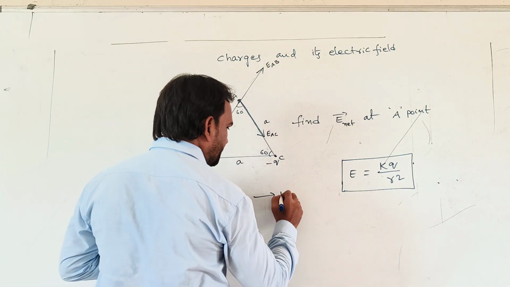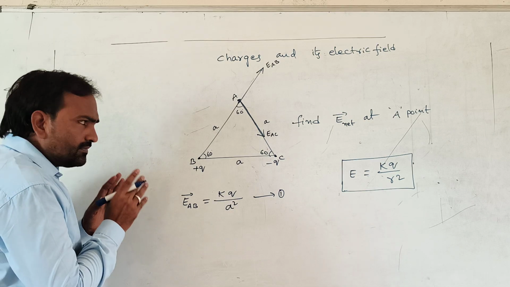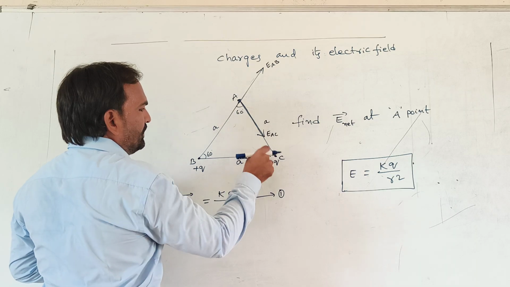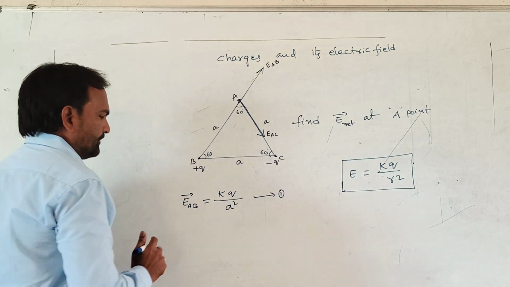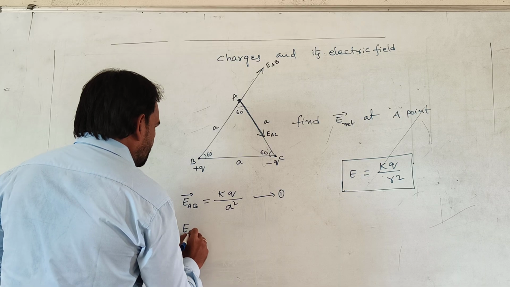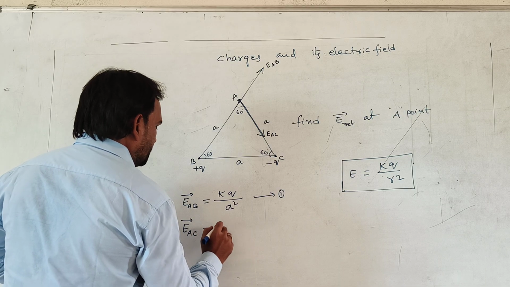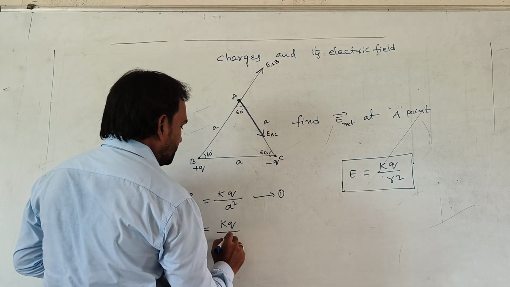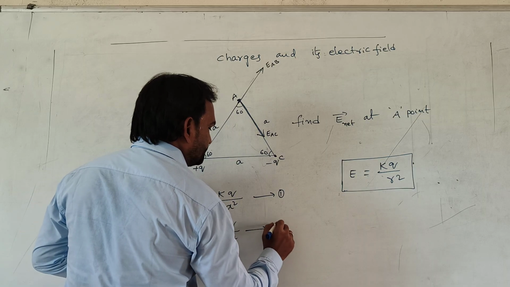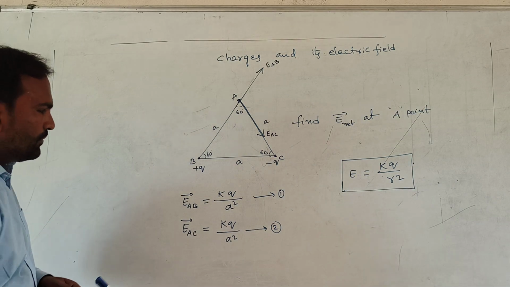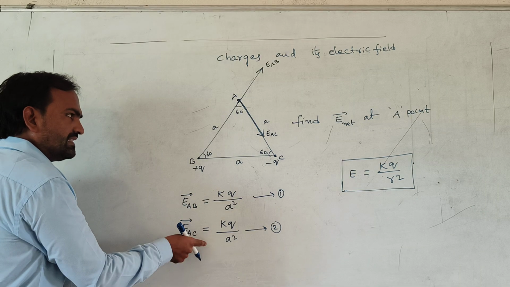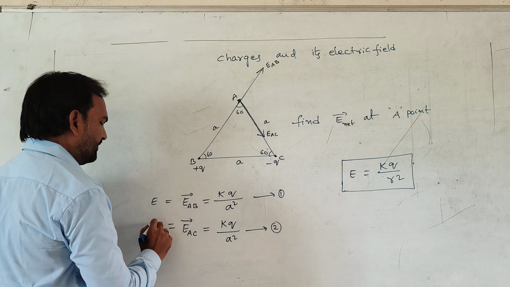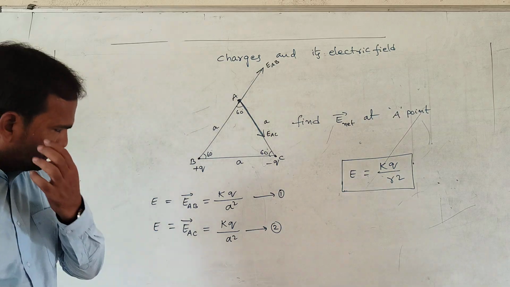Similarly, the electric field at point A due to the minus Q charge at C is KQ by a square. Both are the same charge, so the same electric field intensity acts on point A. Assume both are the same, E.